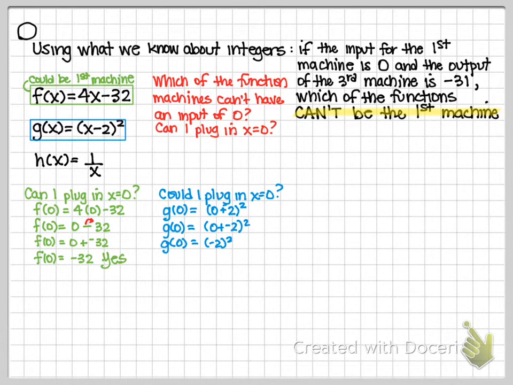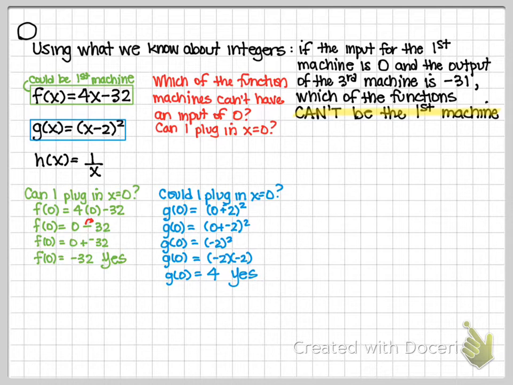But remember, squared means times itself. You might want to actually write them out just in case. So we'll get negative 2 times negative 2. Okay, now I feel pretty good about the sign being positive and the answer is 4. So can I? Yes, I can. So this is a yes.